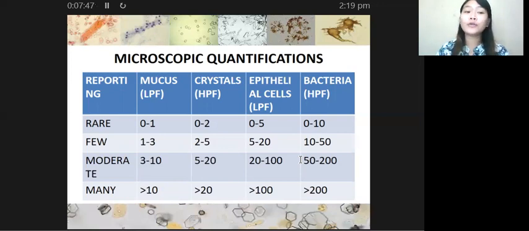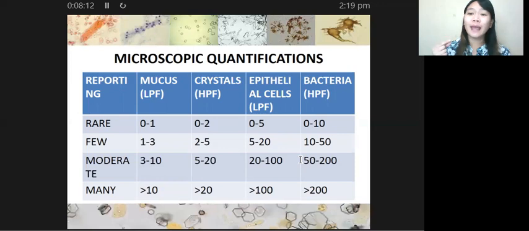Even if we make use of words in order to report these different sediments, there are also provided ranges or quantities for us to know whether to use the word rare, few, moderate, or many.